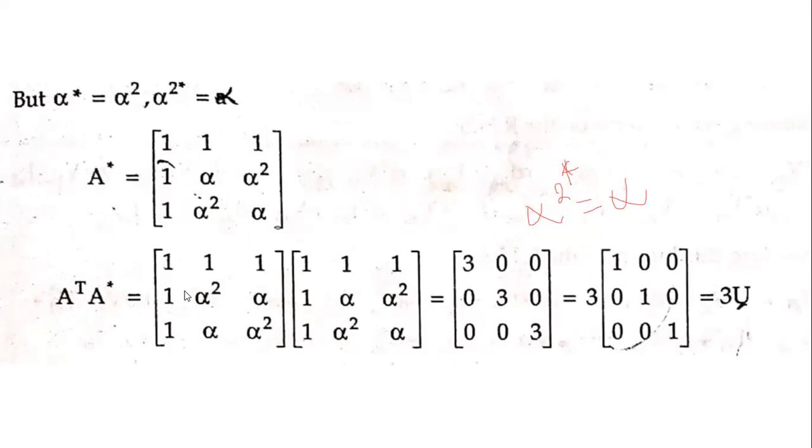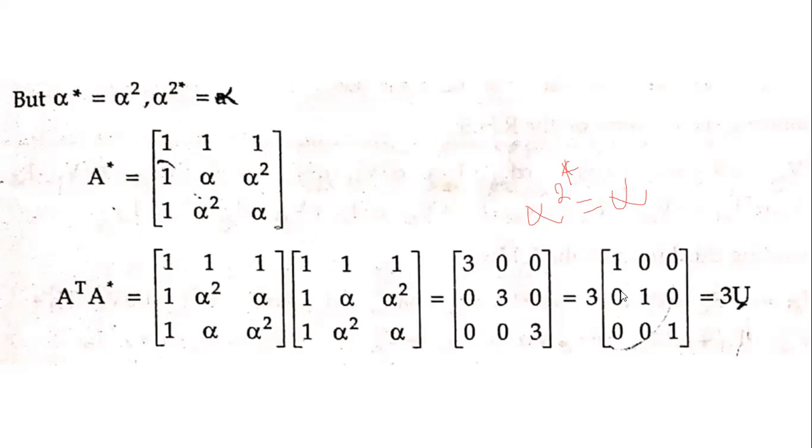Alpha square value is 1 at an angle of 240 degrees, or 1 at an angle of minus 120 degrees. When we multiply both matrices, we obtain 3 on the diagonal and 0 elsewhere. Taking the 3 common, the remaining matrix is the unity matrix.